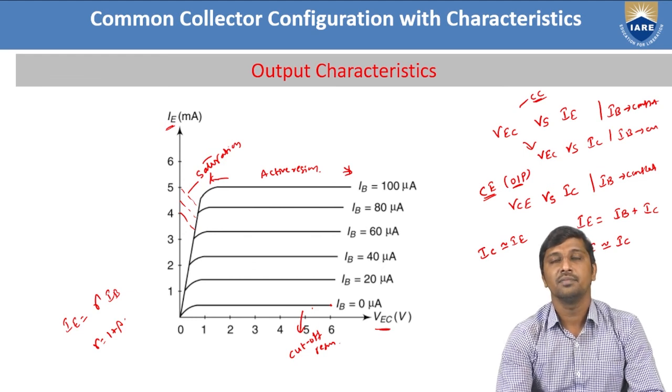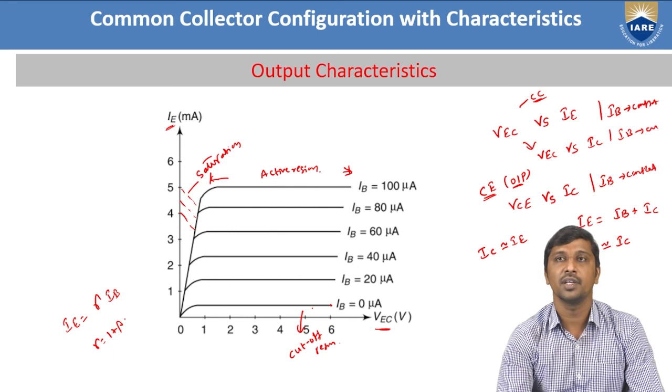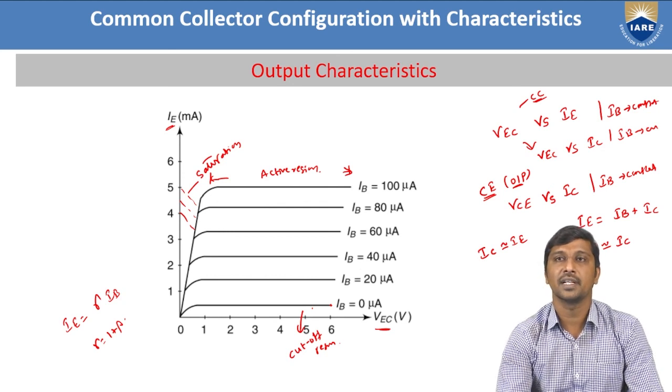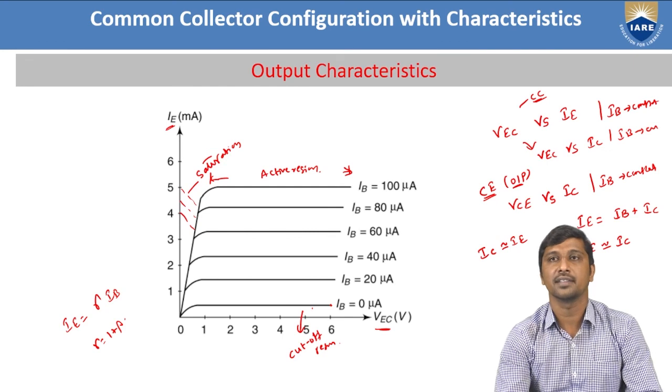So these are some output characteristics of the common collector configuration. Up to this point, we observed what a common collector configuration is and what its characteristics are, the input characteristics and the output characteristics.